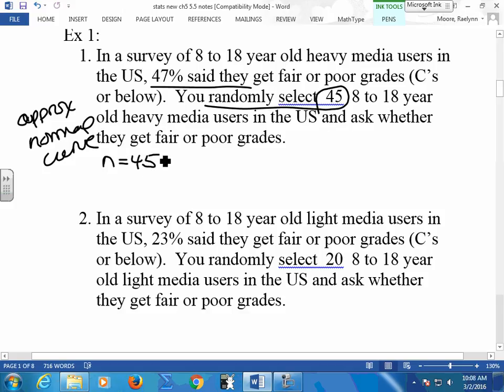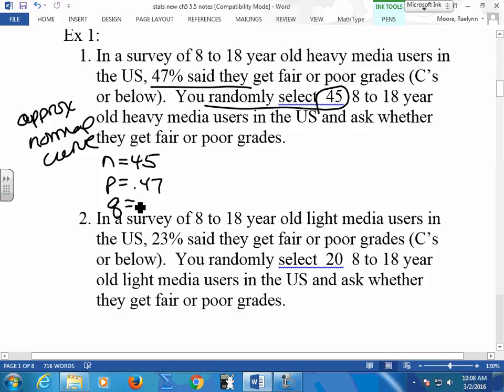And you ask them whether they get fair or poor grades. So what do we consider a success in this case? If they get low grades, C or below, that is considered our success in this situation.